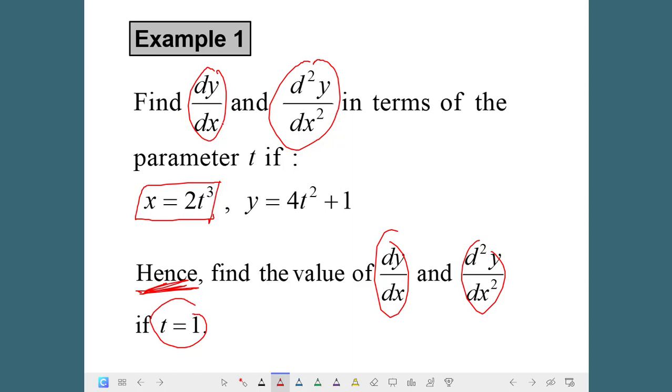Firstly, find dy/dx and d²y/dx², and after that substitute to find their values when t is equal to 1.